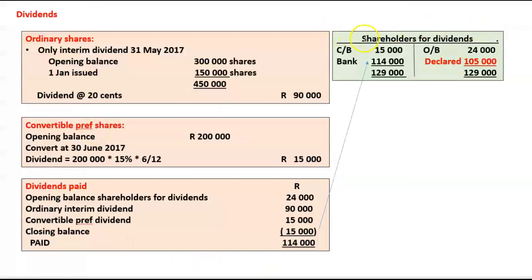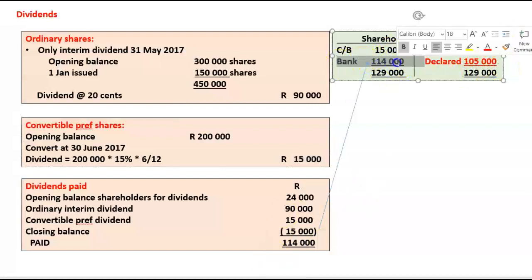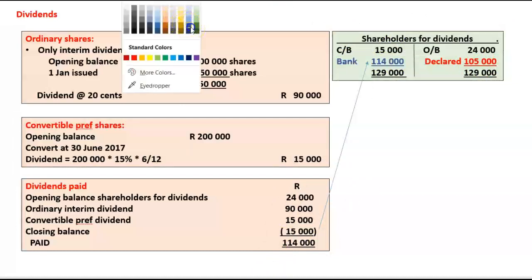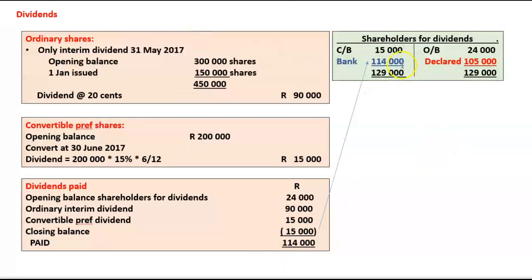So if we're going to do the T account, opening balance 24,000, closing balance 15,000. We have declared in total the 90,000 plus the 15,000, which is 105,000. So therefore it means by the end of the day that we have actually paid 114,000 rand worth of dividends during the year.